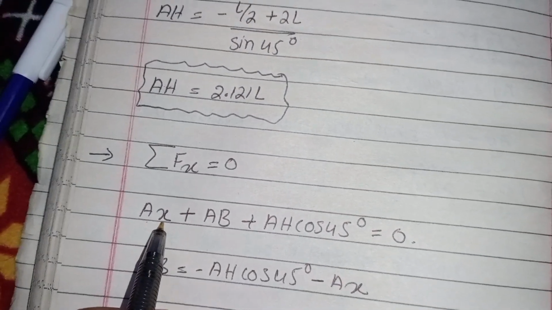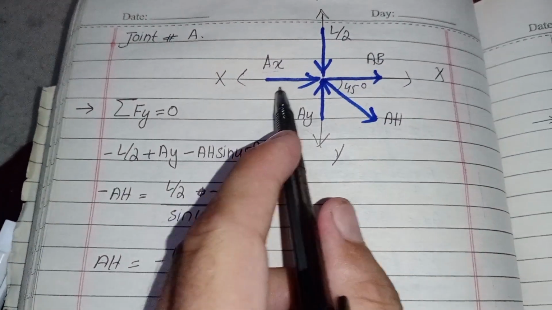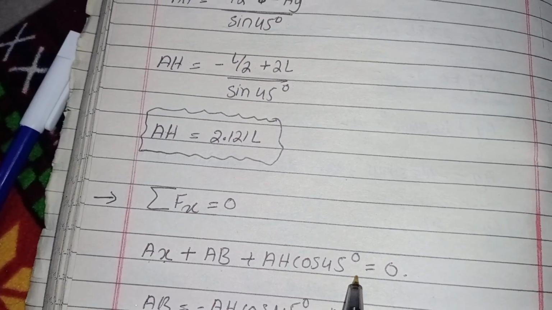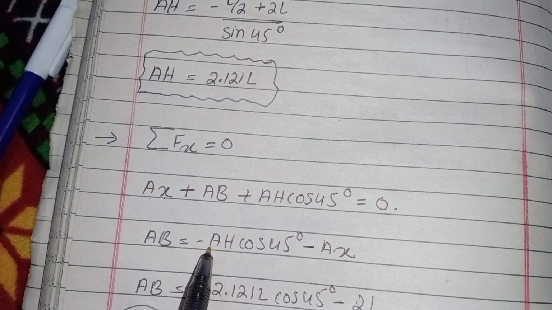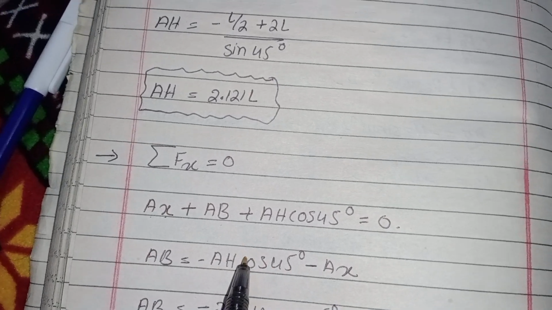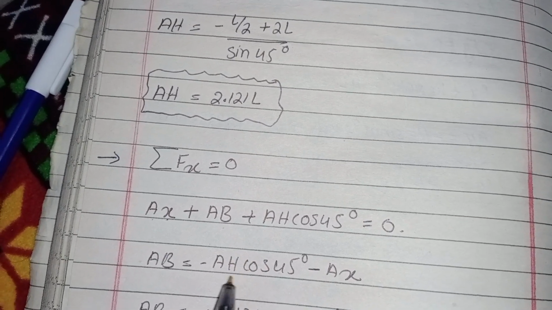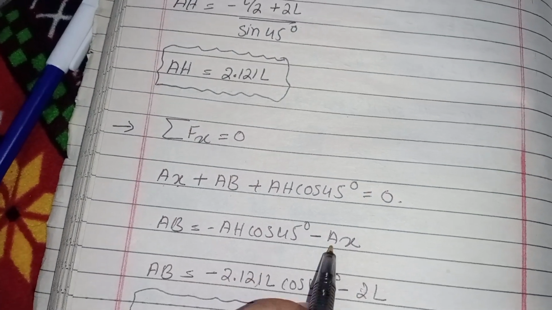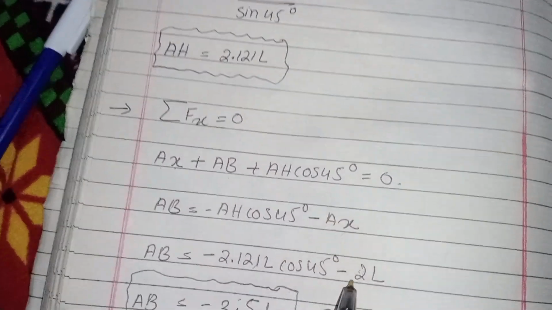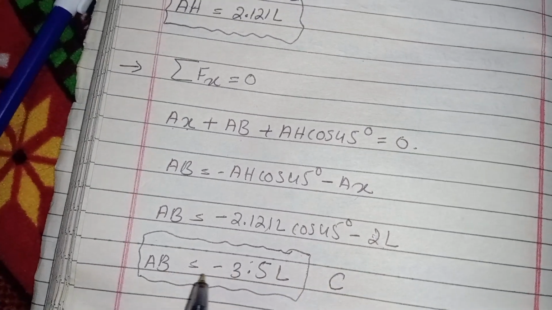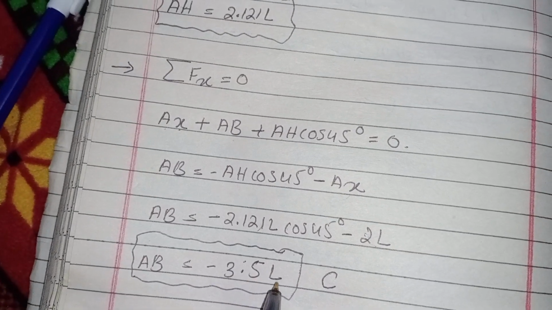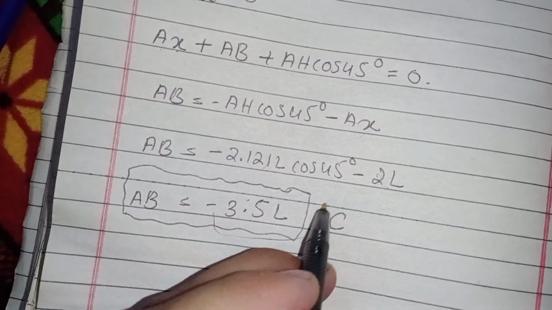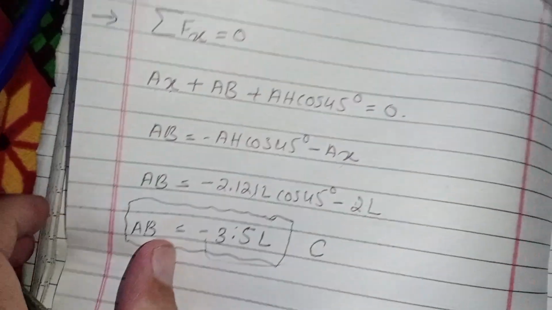So AX plus AB plus AH cos 45 equals 0. AB will equal AH cos 45. At the place of AH and AX, I put their values, with AX being 2L. So AB will equal negative 3.5 L. The negative sign means that my assumption was wrong. It is not in tension, it is in compression.